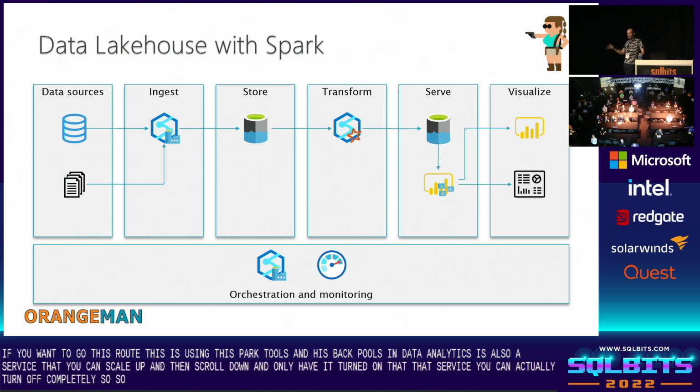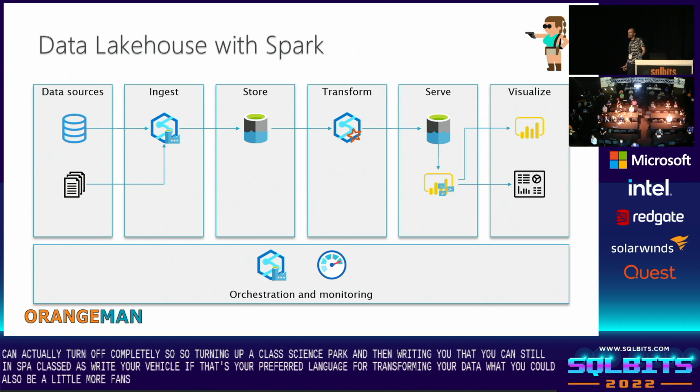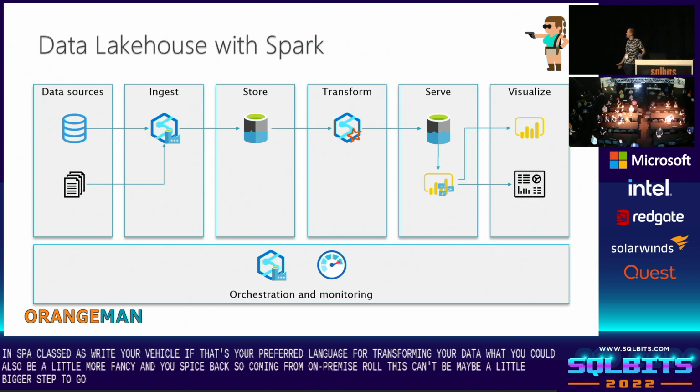So you spin up a cluster in Spark and then write your T-SQL, if that's your preferred language for transforming your data, but you could also be a little more fancy and use PySpark. Coming from an on-premise world, this can be a bigger step to go on this route.